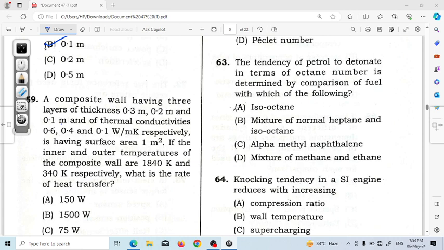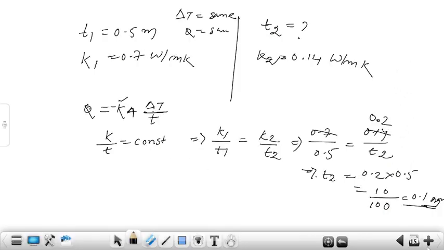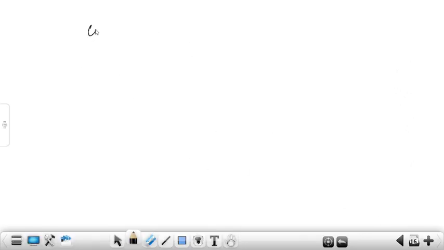Same as in the previous formula, to apply, Q is equal to del T by del X, which is also written as del T by thermal resistance. So this is the series connection.